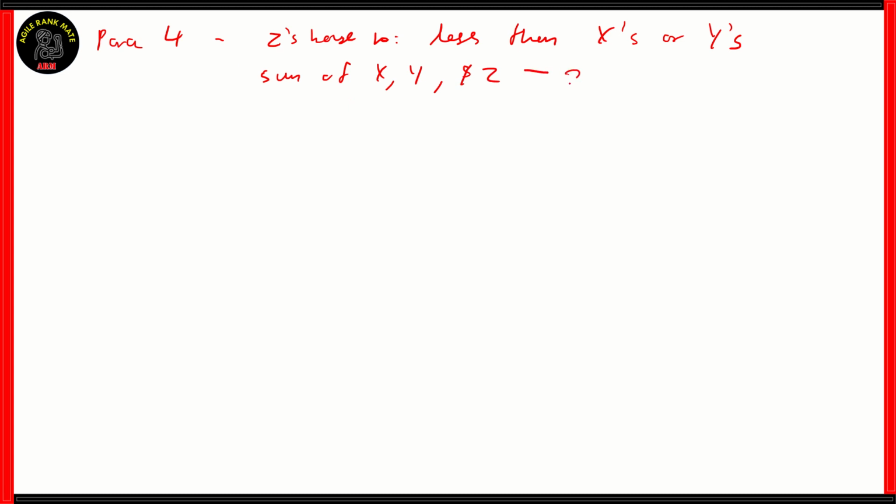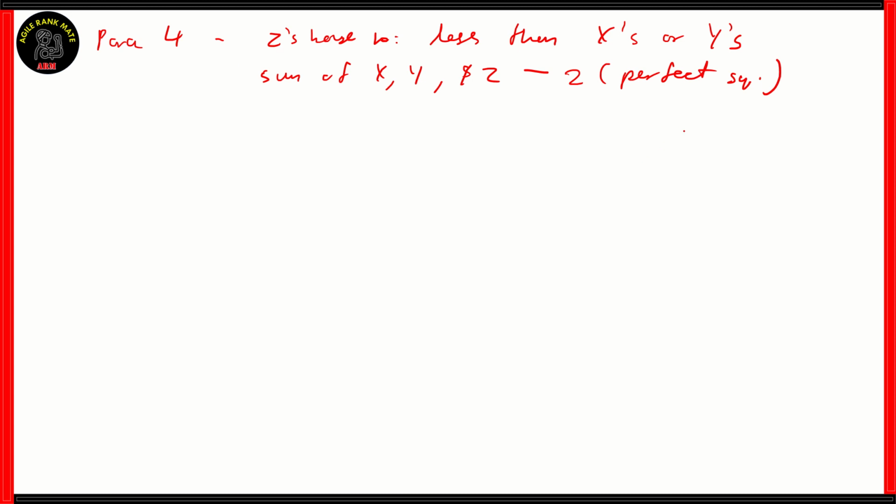So, for paragraph 4, Z's house number is less than X's or Y's. Also, the sum of X, Y, and Z is 2 times a perfect square.